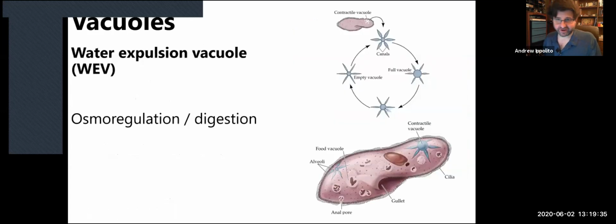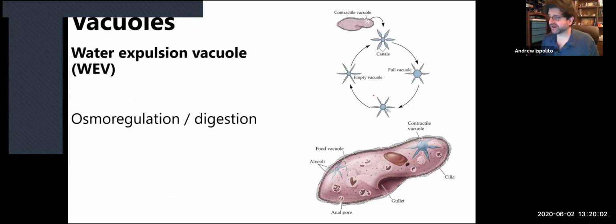There are other kinds of vacuoles. We learned about this yesterday when we talked about paramecium. Remember, he pumps the water out, the water expulsion vacuole, the WEV. Another simpler way to call this is a contractile vacuole. Osmosis fills the vacuole with water, and then they're surrounded by actin filaments that act like little muscles, and they squirt it out.